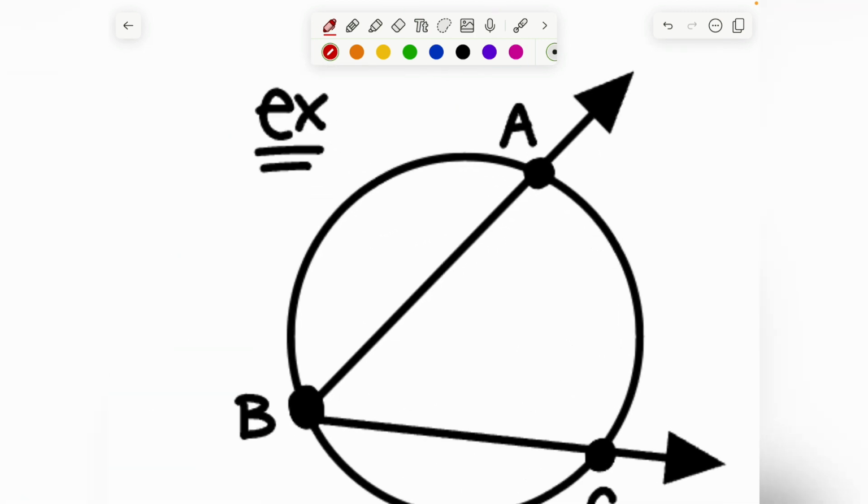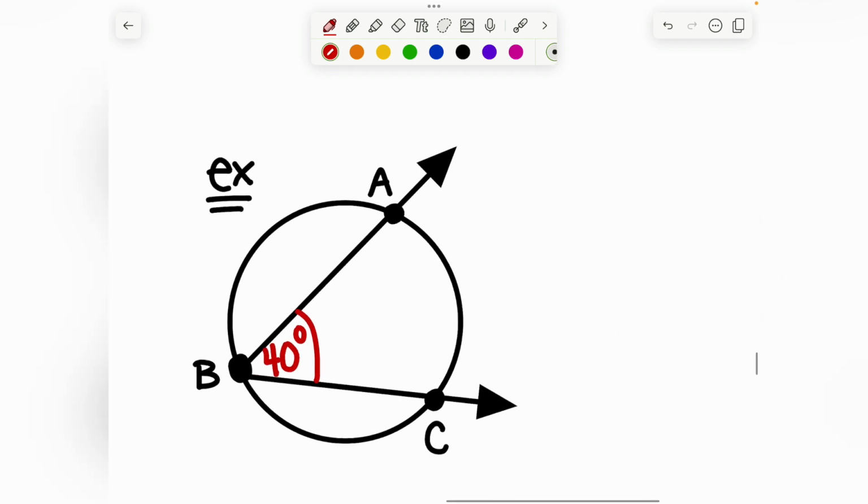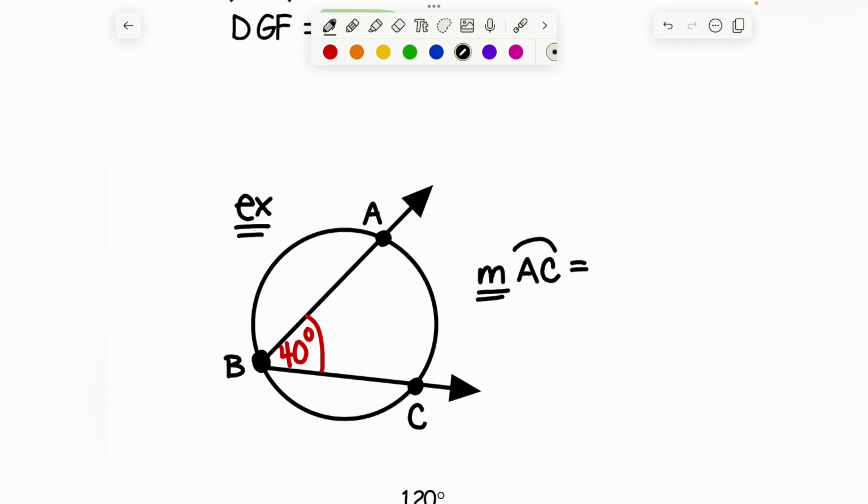If I know that this angle is 40 degrees, then find the measure of arc AC. Now remember, if it says measure, I'm not looking for an arc length, I am looking for a degree, a portion of the circle. So this is going to be 80 degrees.